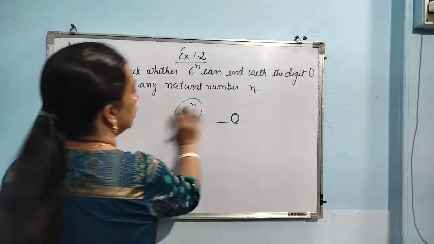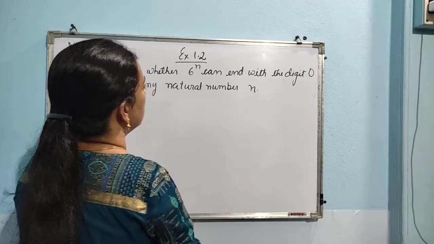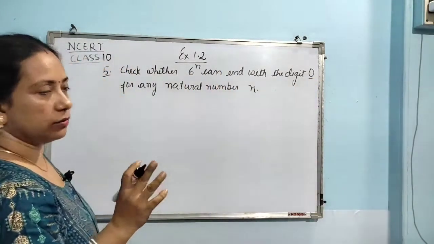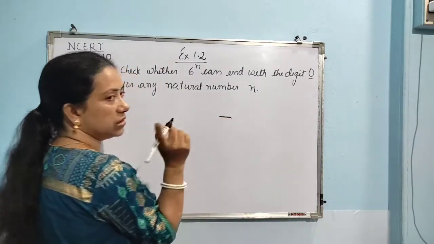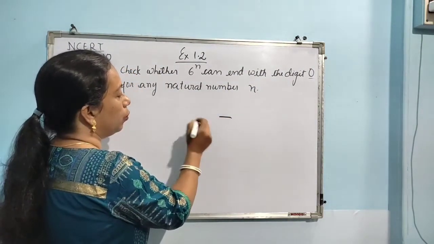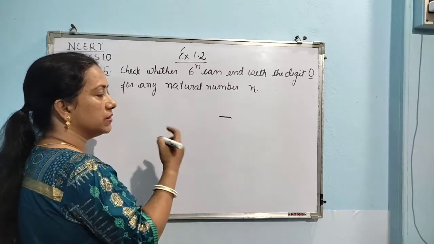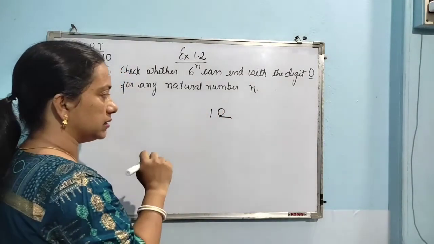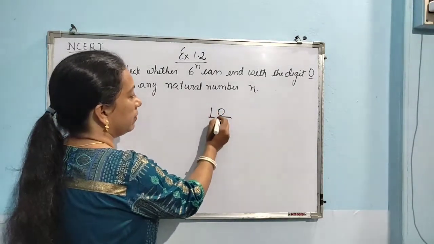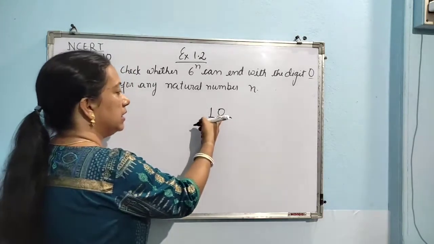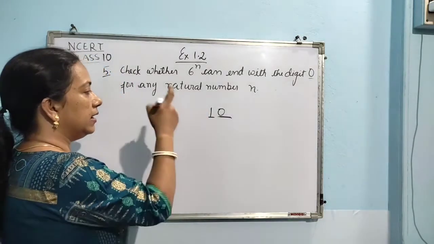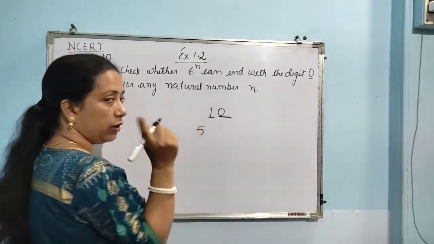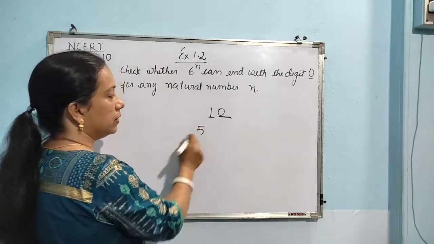Okay. Now before moving there, we have to check whether the digit in the units place is 0 or not, isn't it? So what do you know about a number which is divisible by 10? The smallest number which is divisible by 10 is 10 itself, isn't it? So when you have a number with 0 in the units place, then definitely this number should have 5 as one of its factors.